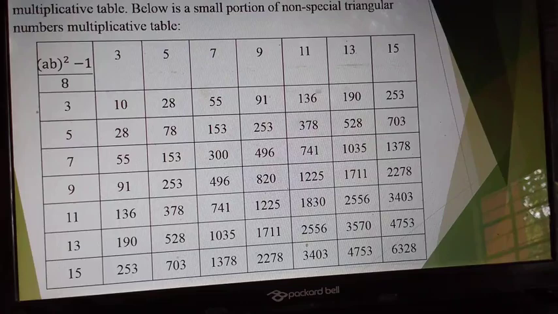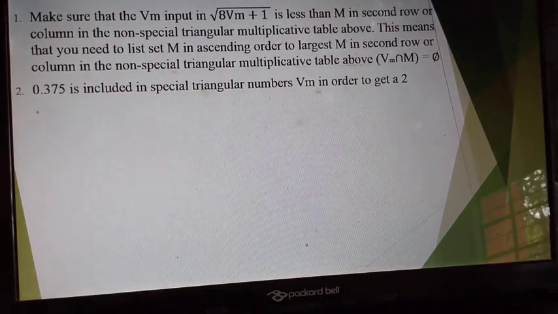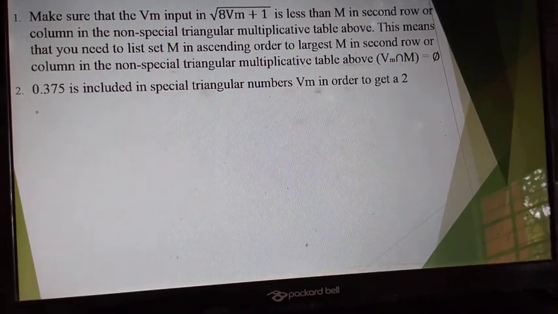We proceed to the next part. The other rule: in order to include 2, the formula that I've given you, which is the square root of 8 times the special triangular numbers plus 1, excludes 2 from the set of triangular numbers.